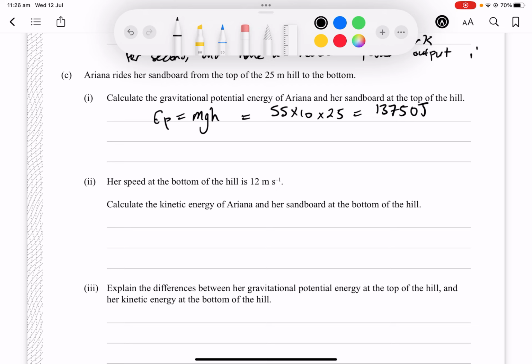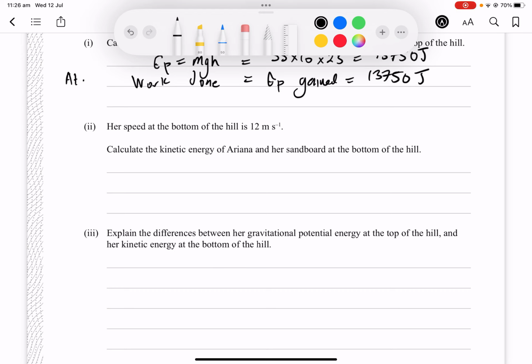Since she does 13,750 joules of work, she gains 13,750 joules of gravitational potential energy. So work done is equal to gravitational potential energy gained, EP gained, which is equal to 13,750 joules.